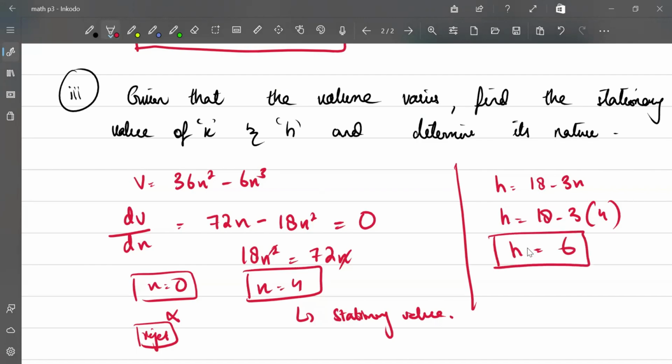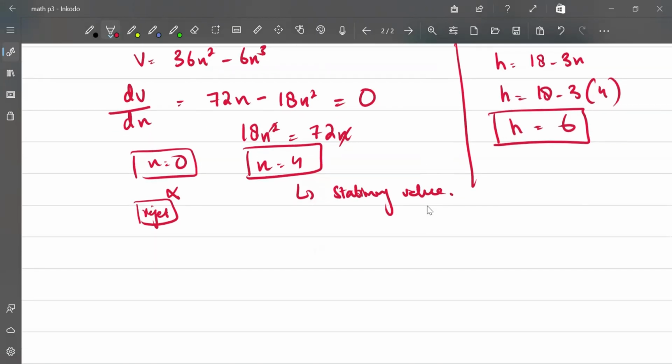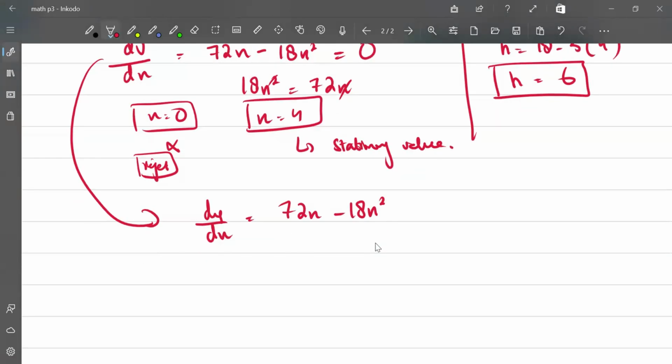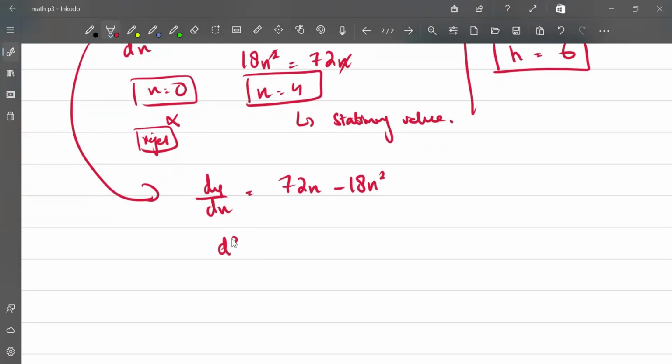Now, we are also told that we need to determine its nature. In order to determine its nature, we need to calculate d square V upon dx square. We already have dV over dx, which is 72x minus 18x squared. Now we differentiate again to calculate d square V upon dx square, which is 72 minus 36x.